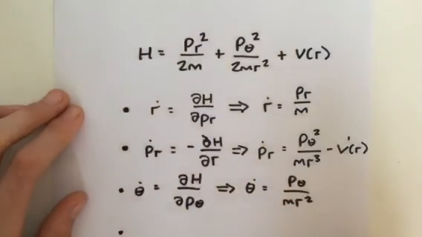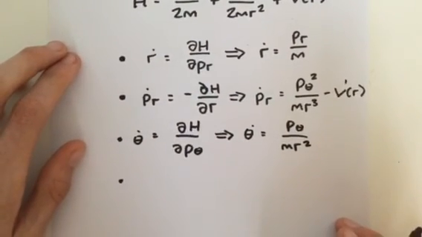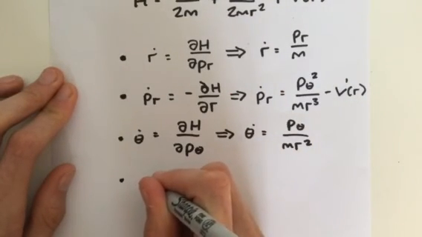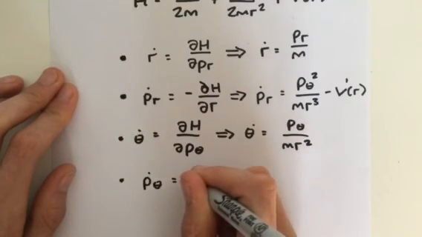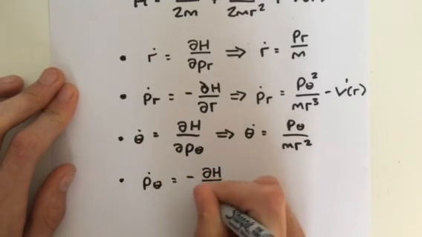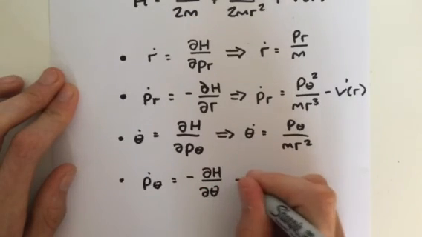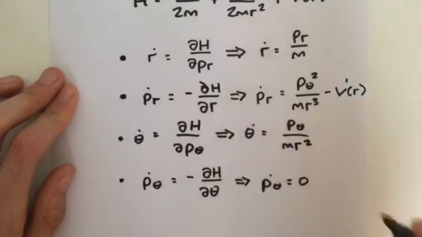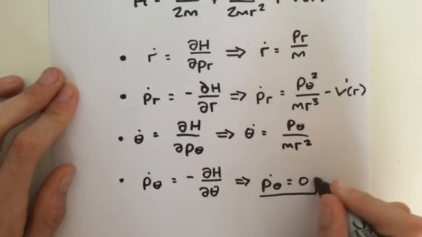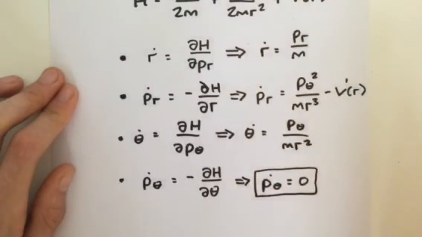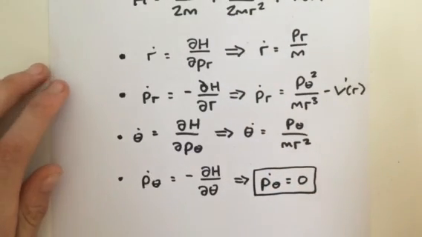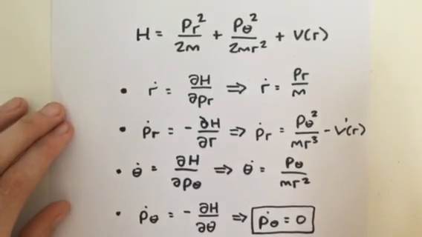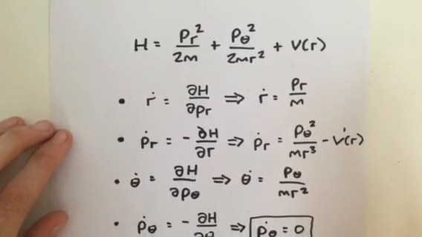And then finally, our final Hamilton equation for our polar coordinates is ṗ_θ = −∂H/∂θ, and this gives you ṗ_θ = 0. In other words, this is the conservation of angular momentum, which I wanted you to derive in the last video. So there you have it. We've worked out the Hamiltonian for our Lagrangian, and we computed Hamilton's equations.